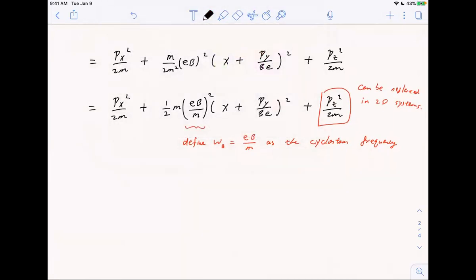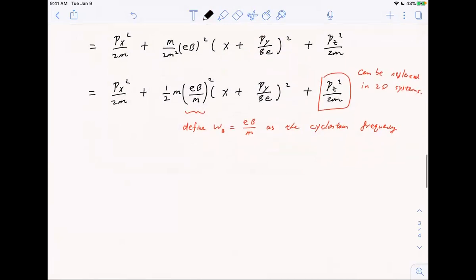So let's make it simple and neglect this term. You'll find that the Hamiltonian has this form: 1 over 2m, omega B squared, x plus py over eB squared.